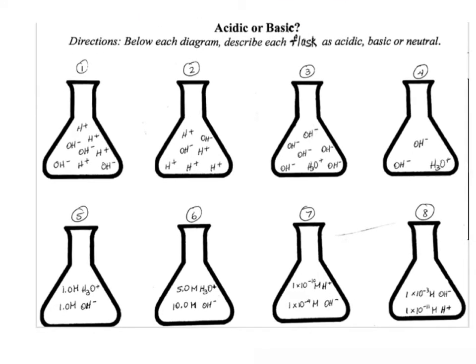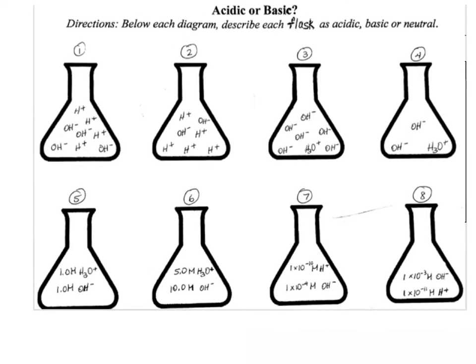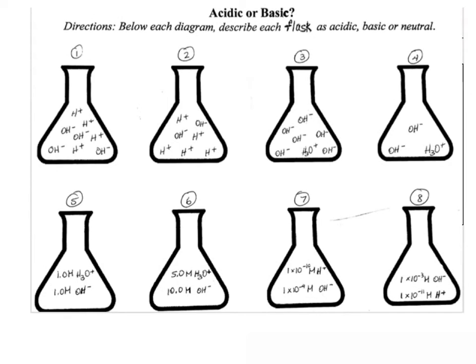So let's see. If we take a look at these flasks, it says below each diagram, describe each flask as acidic, basic, or neutral. So what we want to do is take a look at these flasks. If I look at flask number 1, for example, I see 1 H plus ion, 2 H plus ions, 3, 4 H plus ions.